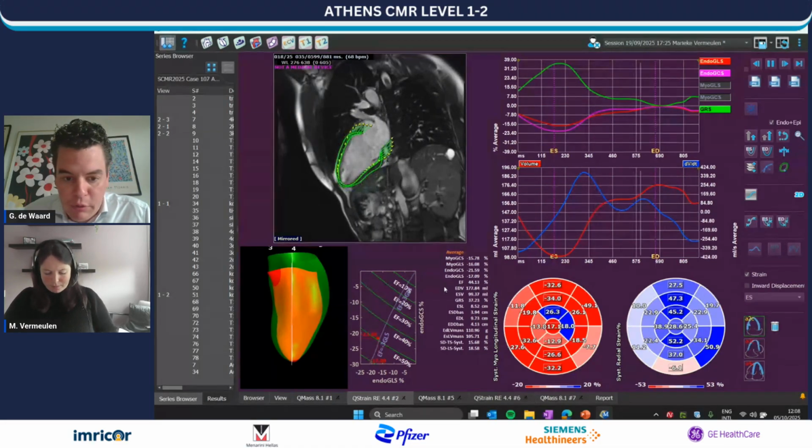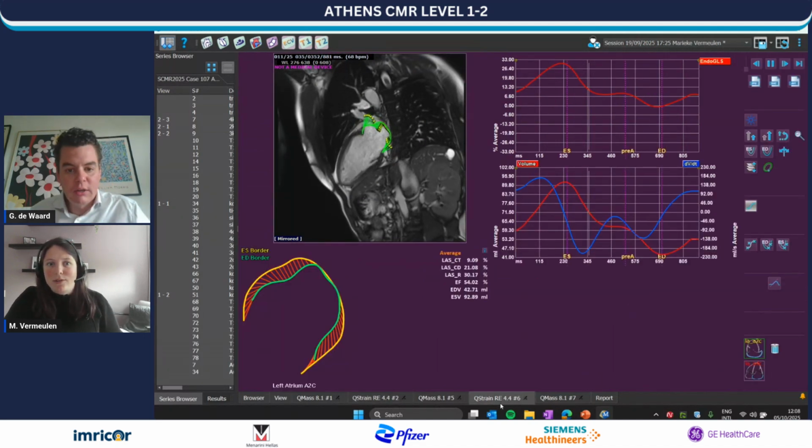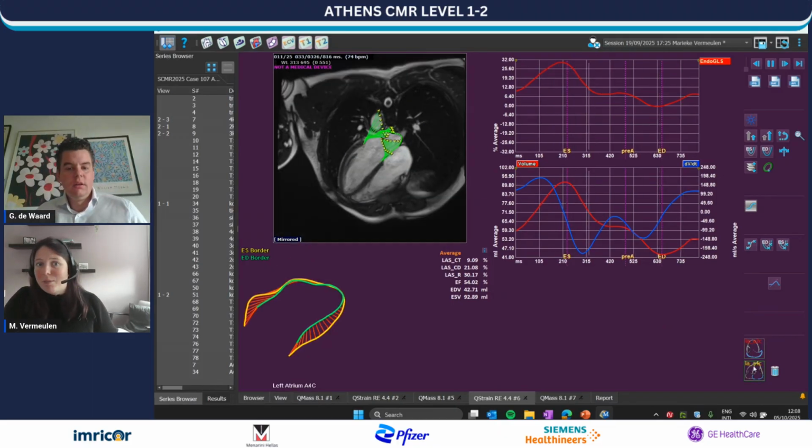Do we still have time for the final case? I don't know. Yeah, and maybe here we also have this one, Dr. Waard. So here we also have an atrial strain analysis. So with METIS, you can load both the 2-chamber and the 4-chamber so that you can perform a biplane analysis of the left atrium.